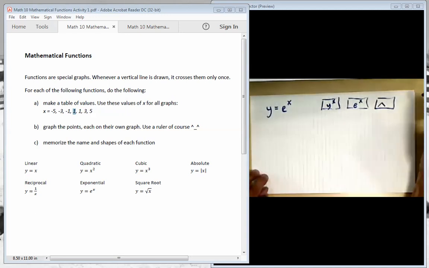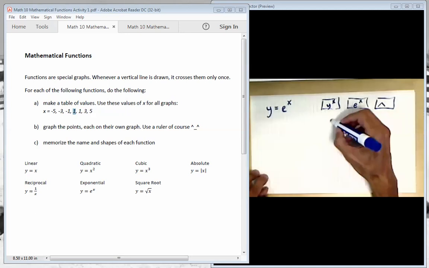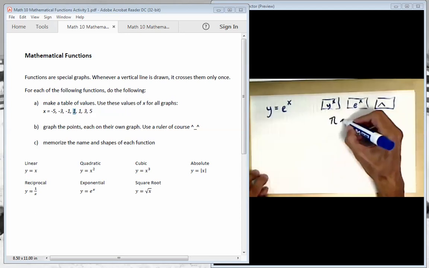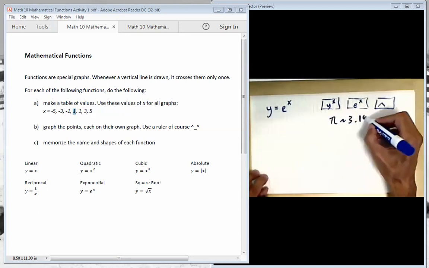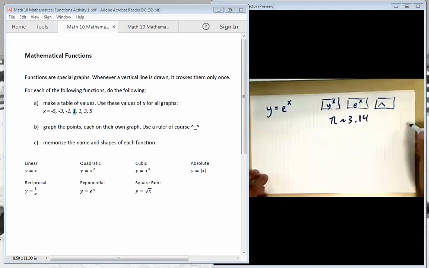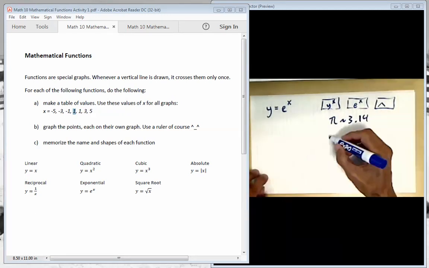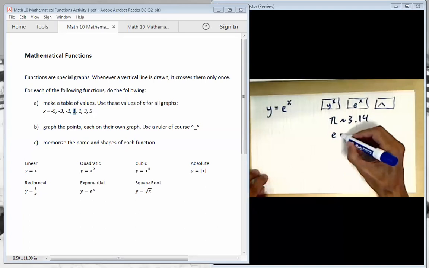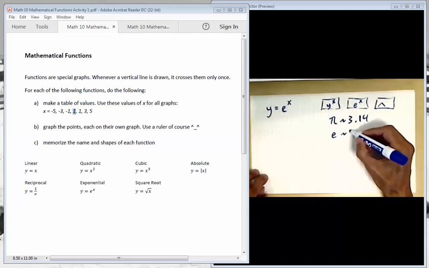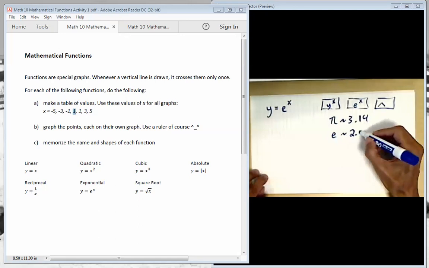But what I can do for free is tell you, you know how pi is equal to 3.14? Remember that? Okay. E is a special number.